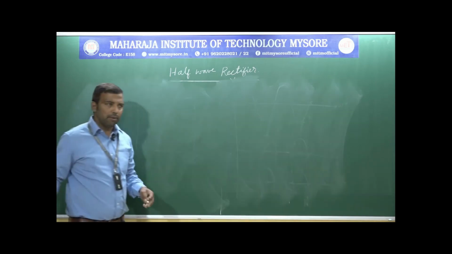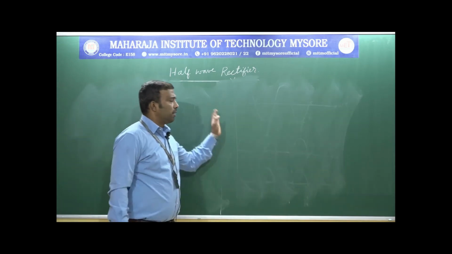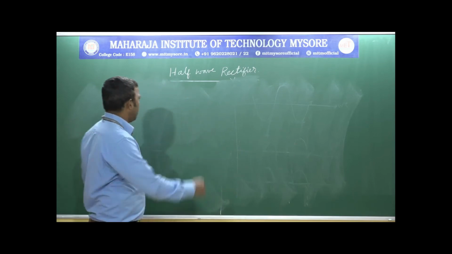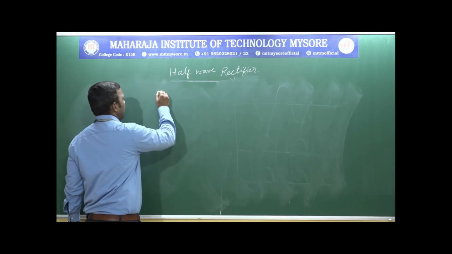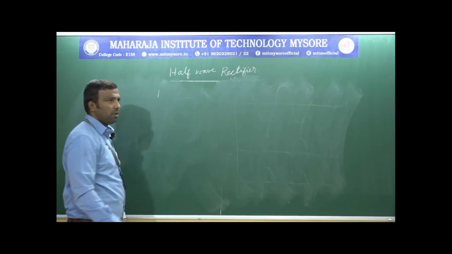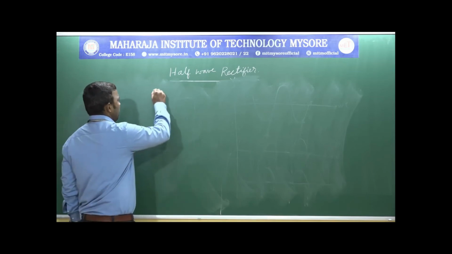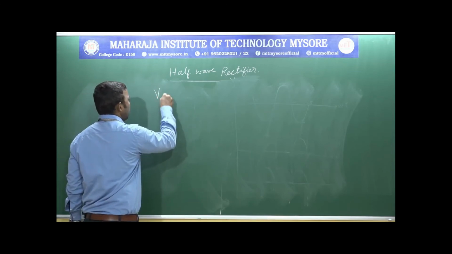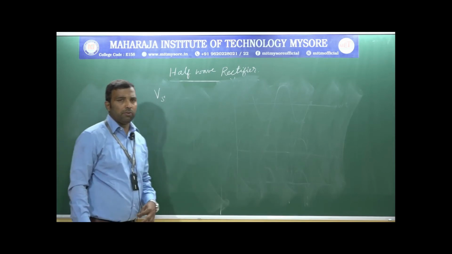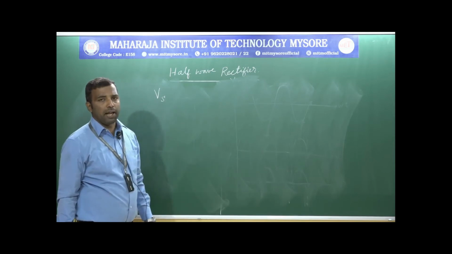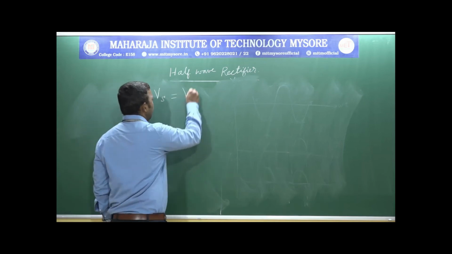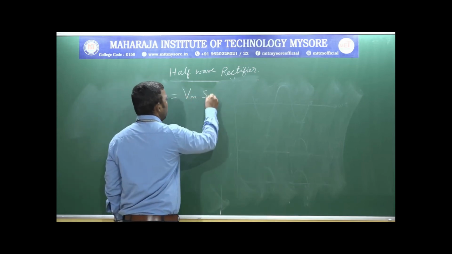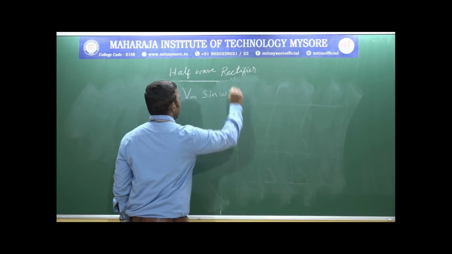We will define some parameters of the rectifier so that we can write the current and voltage expressions. We consider the voltage Vs, the secondary voltage which appears at the secondary of the transformer. Vs is Vm sin omega t.